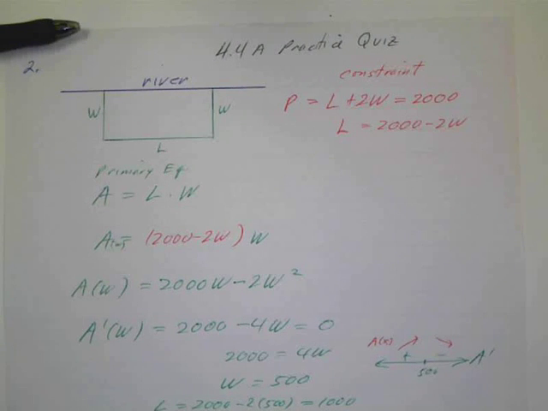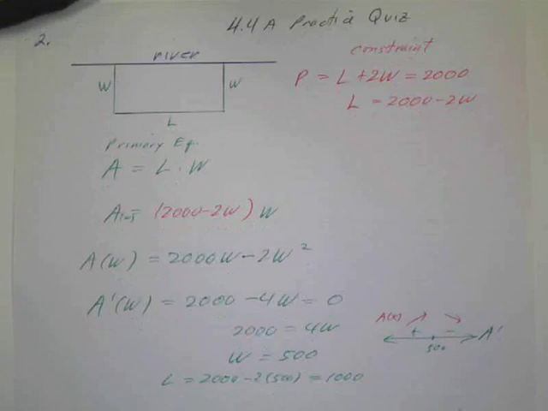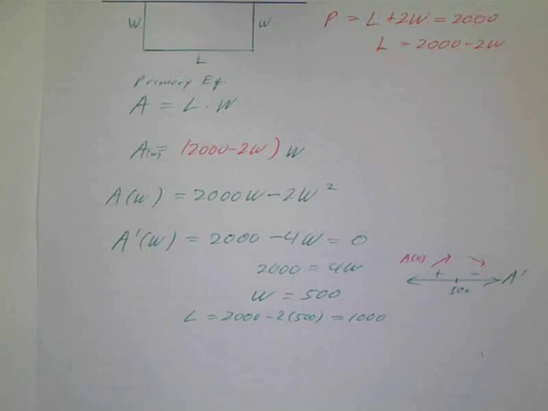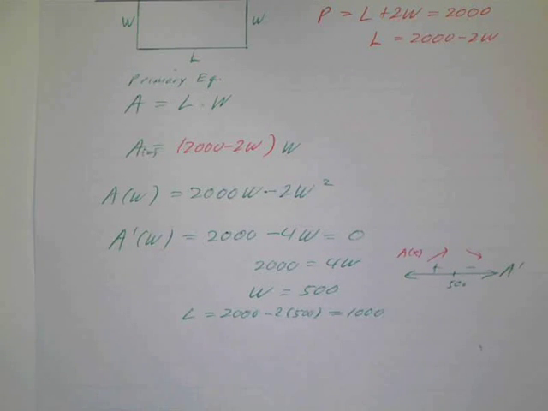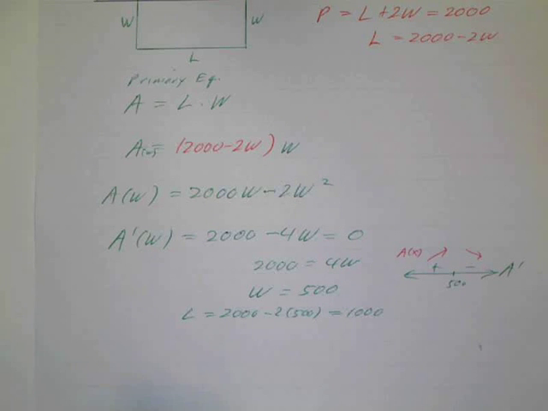So those are my dimensions, and that's actually the second part, that's B. The dimensions, and I think these are going to be in feet. So it'd be 1,000 feet by 500 feet.